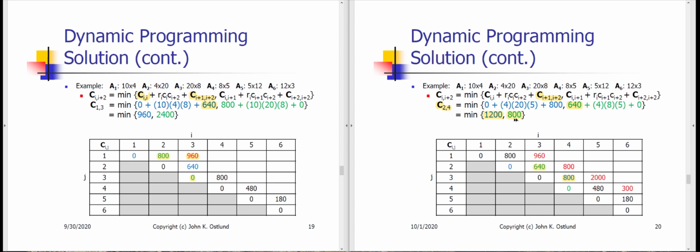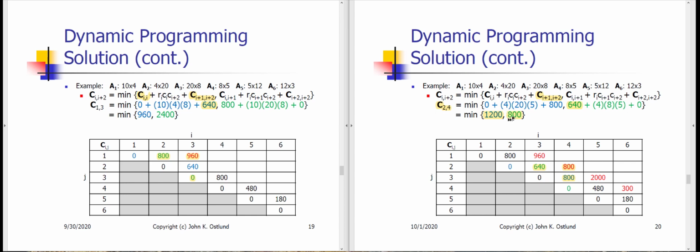The minimum of those is 800. All right, so that implies that if we're going to multiply A2 times A3 times A4, the minimum cost way of doing that is to multiply A2 times A3 first and then multiply A4.